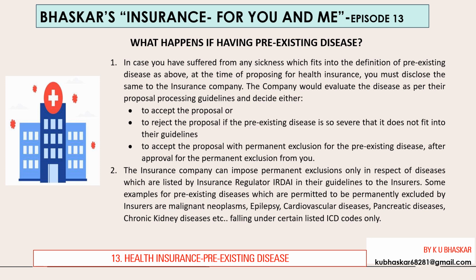Some examples for pre-existing disease which are permitted to be permanently excluded by insurers are malignant neoplasm, epilepsy, cardiovascular diseases, pancreatic disease, chronic kidney disease, etc., falling under certain listed ICD codes only. So the permanent exclusions cannot be imposed for any sundry disease. It has to be as per the listed sicknesses in the IRDA guideline.